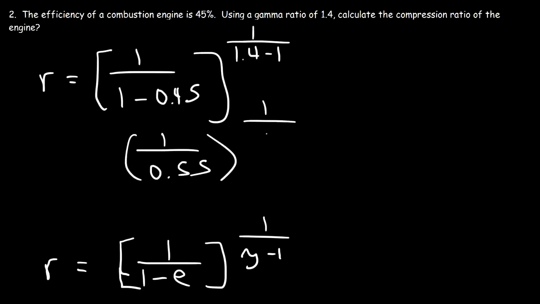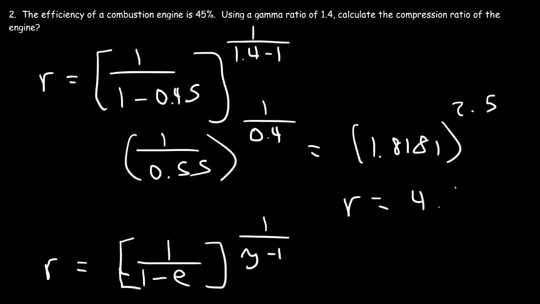And 1.4 minus 1 is 0.4. 1 divided by 0.55, that's 1.81 repeating. And 1 divided by 0.4 is 2.5. So the compression ratio is about 4.5 in this example.